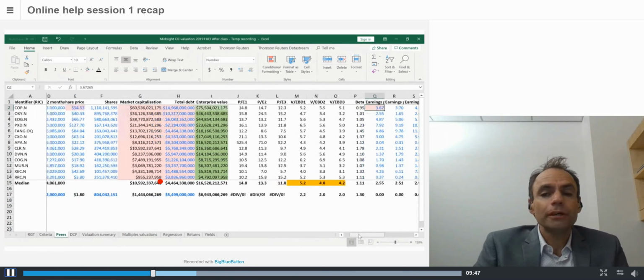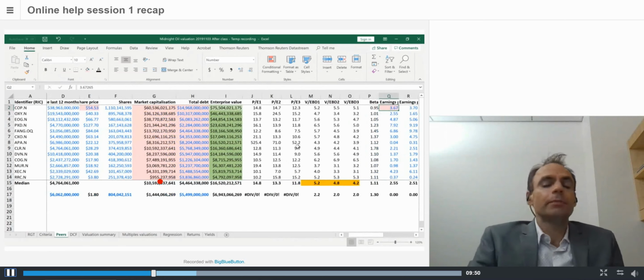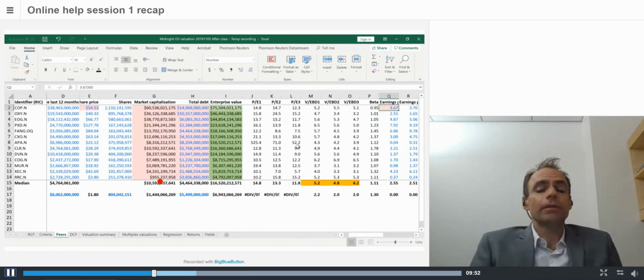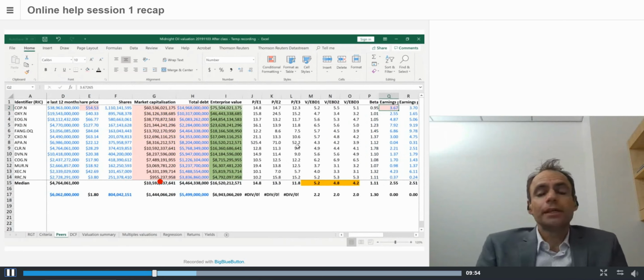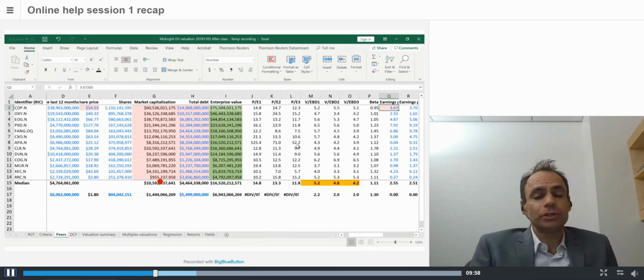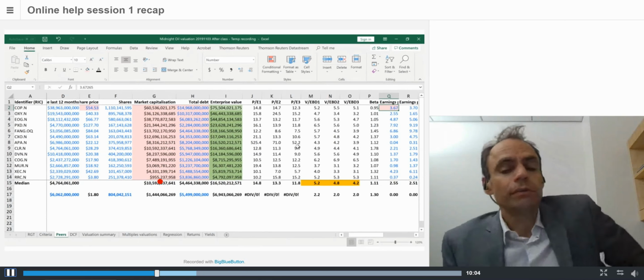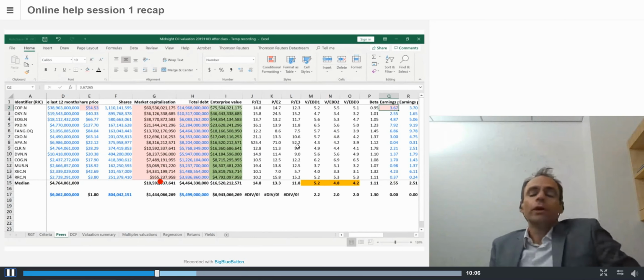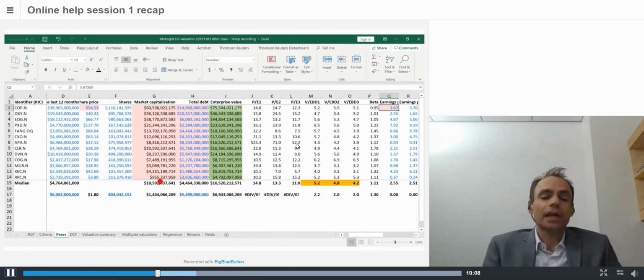What's earnings per share? Earnings per share is the net profit after tax divided by the number of shares on issue. Technically, it's net profit after tax divided by the average shares on issue, which was in place during the year in which profit was computed. But in all of our examples, for convenience and simplicity, we are simply going to take the same number of shares and hold that constant in every forecast year.